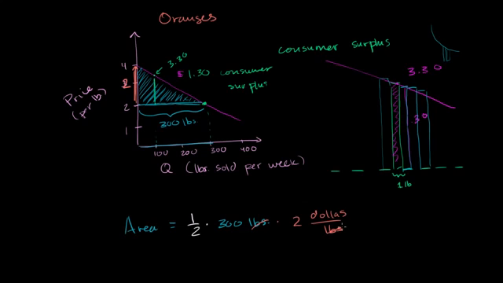The pounds cancel out. 1/2 times 2 is 1, times 300 is 300. So all we're left with is dollars. The total consumer surplus in this case is $300, and it really is just the area between the demand curve and this price equals 2 line right over there.